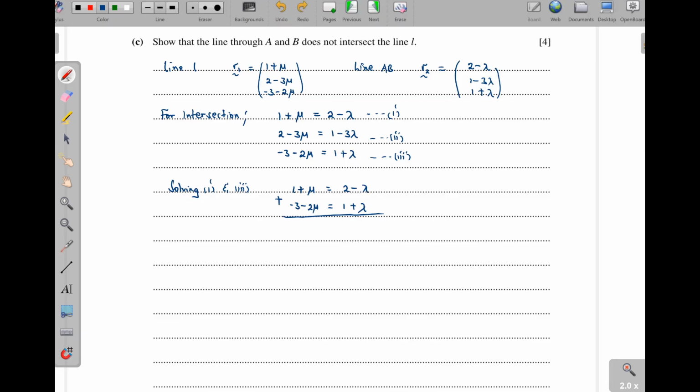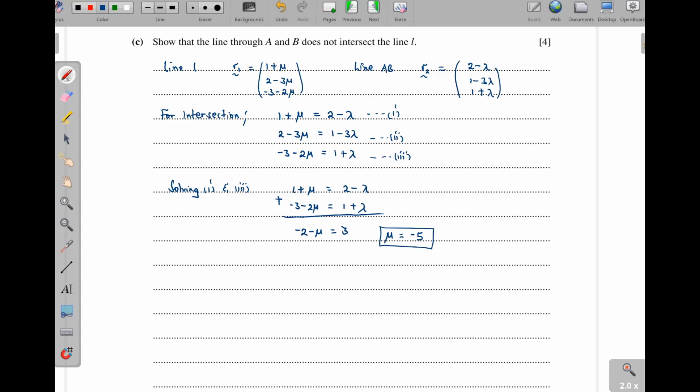Adding this way, 1 minus the 3 gives -2, and then 1 minus the 2 gives -1. Then 2 plus 1 gives us a 3. So making mu the subject of the formula, our mu becomes -5.